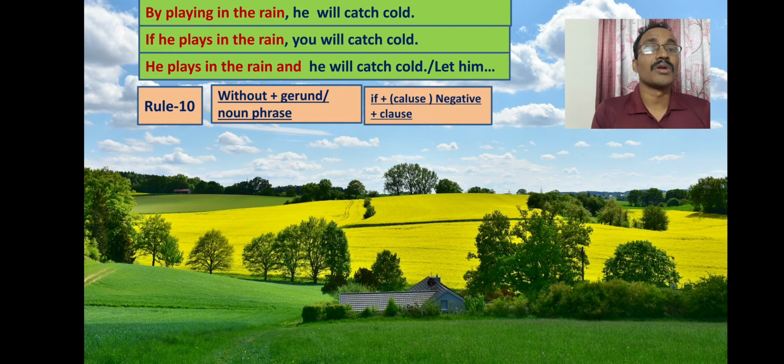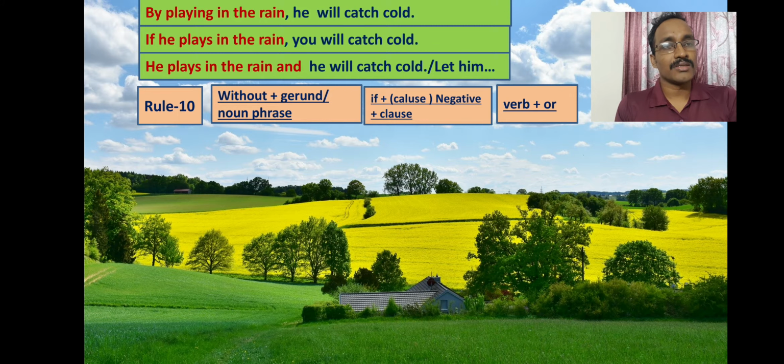In our former rule we saw that the if clause was affirmative or positive, and if we find without plus gerund, to make it a complex sentence, the if clause or the subordinate clause will be negative, and then we will add the other clause. And in this case we will use or to make it a compound sentence.